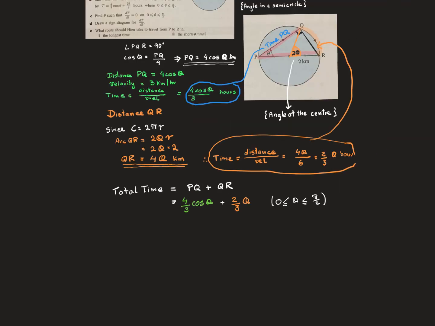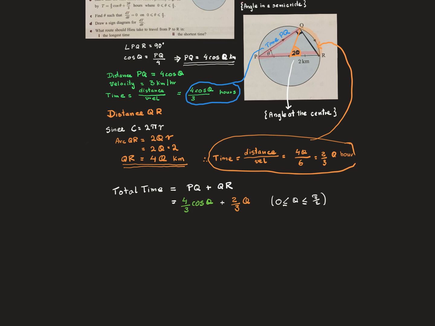Hugh could have walked all around P to R, or he could have rowed across from P to R. At this stage the angle would be 0, or any of the in between. So what we want to find out is at which angle Hugh would take the longest or the shortest time.